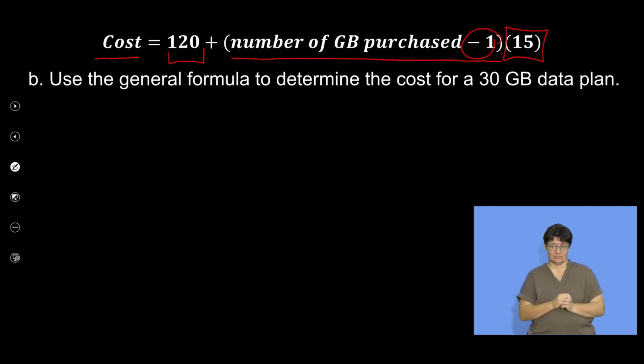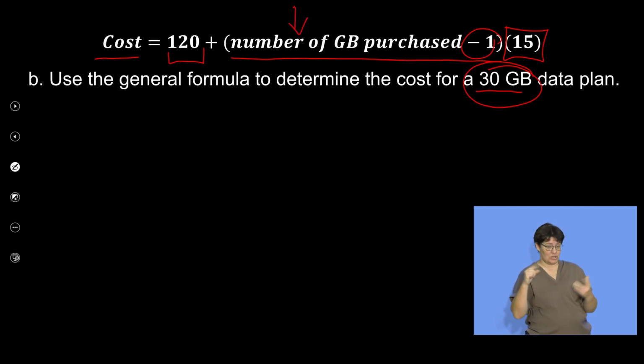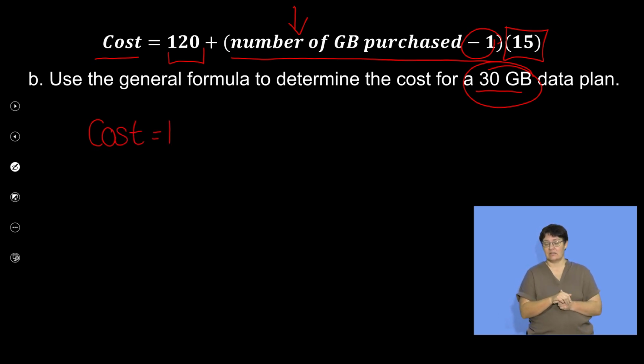So now we are going to use the general formula to calculate the cost of 30 gigabytes of data. So I'm going to substitute in 30 gigabytes of data into the number of gigabytes purchased. So the cost will be equal to 120 plus 30 minus 1 times 15.